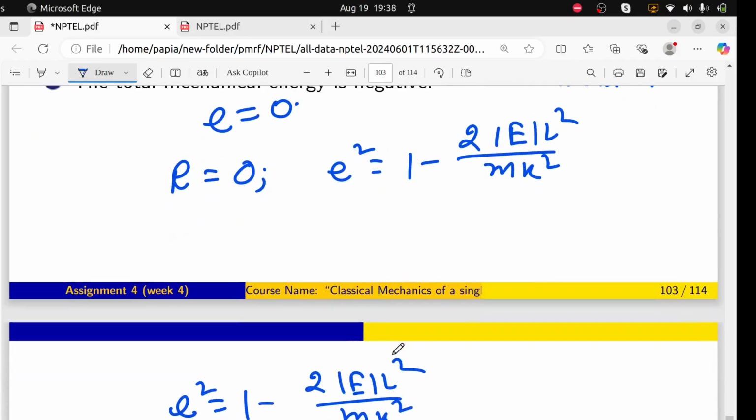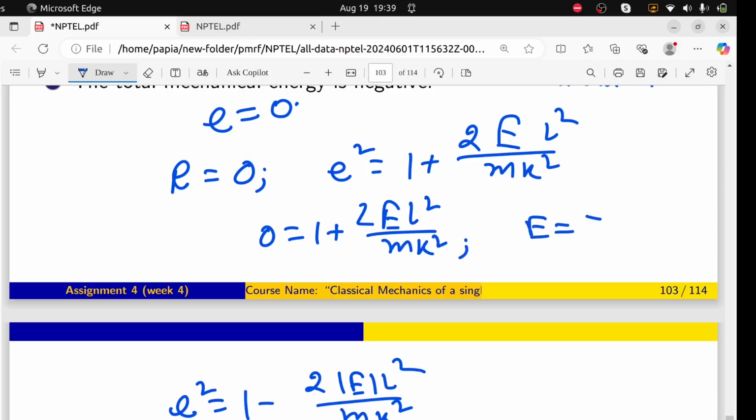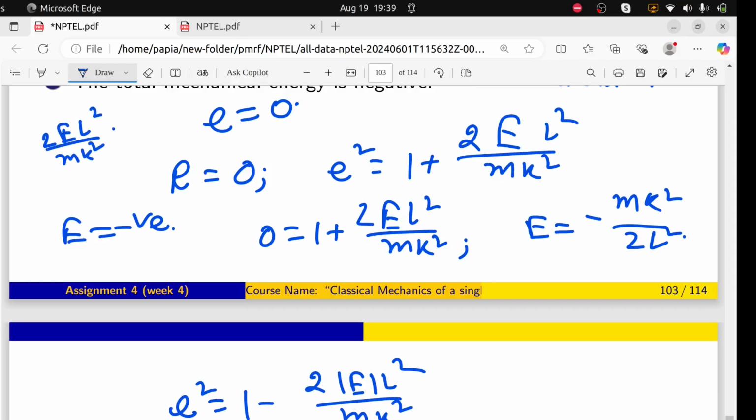Now you can see that if it is 0, if I am not taking the mod E value, then it will come as plus E. So if it is 0, obviously E is giving us minus m k square by 2 L square. So that means E is negative. Yes, so E is negative.